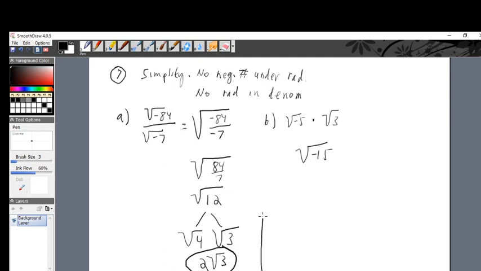Let's see if we can get to problem number 8 and still be on this same video. Problem number 8. What about if we're asked to rationalize the denominator? That would be negative 3 over 11 plus 2 square root of 7.